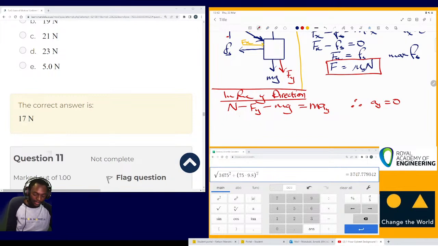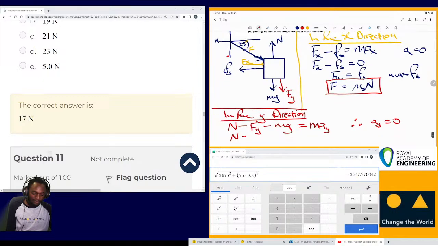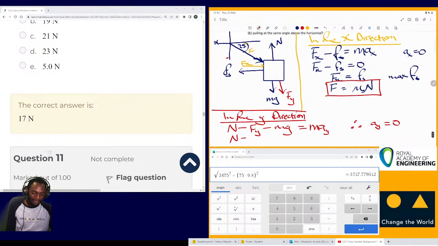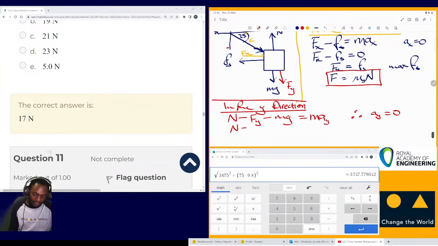So now let's equate. This is going to be N minus F in the y. If you resolve F in the y, what would be the component of F in the y direction? It's going to be sine.